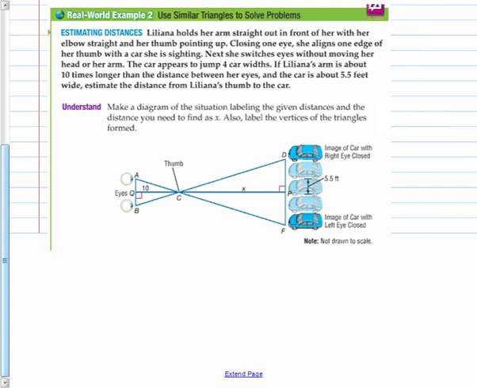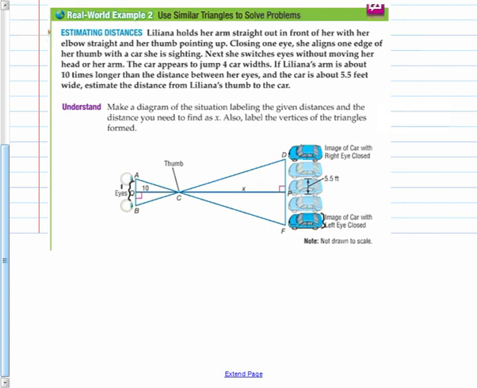So here they have, this is 10 to 1 is what they are saying. That's the ratio. Length of her arm out there to between her eyeballs, 10 to 1. The car is about 5.5 feet wide. So Liliana happens to be somebody who is aware of the world around her, and she knows, oh, car's about 5.5 feet wide.